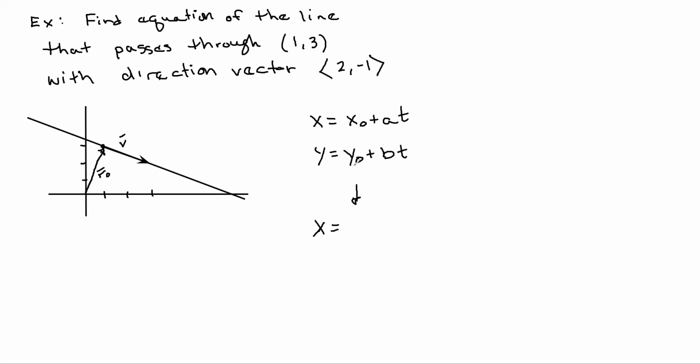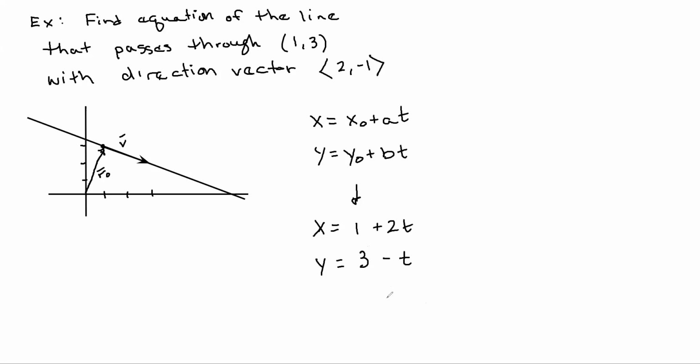The point goes where the x naught and the y naught are, so we'll have 1 and 3. And then the vector part goes next to the t, so we're going to have plus 2t and then minus t. And that's the answer right there. So x equals 1 plus 2t, y equals 3 minus t.